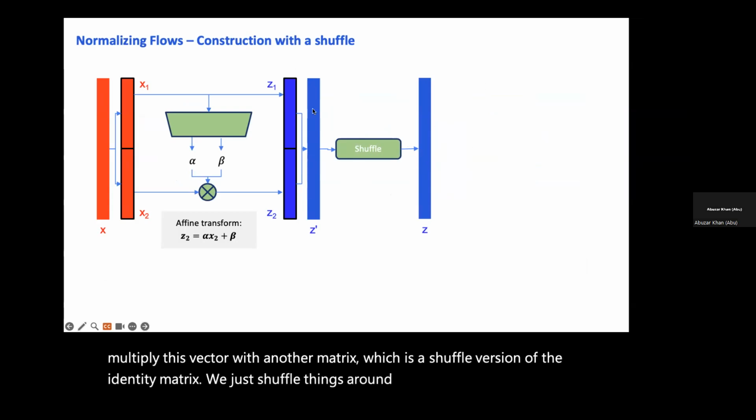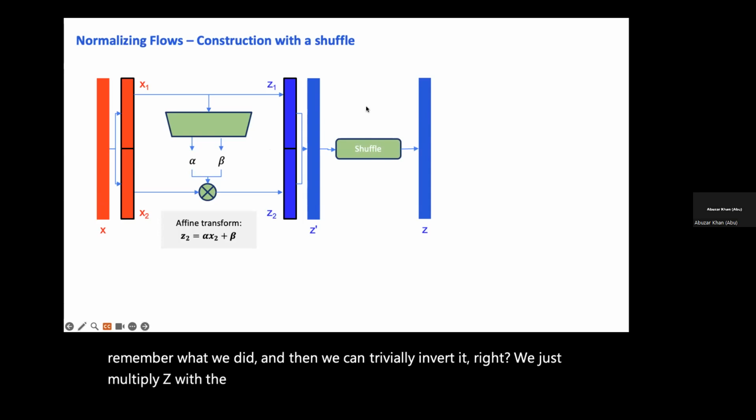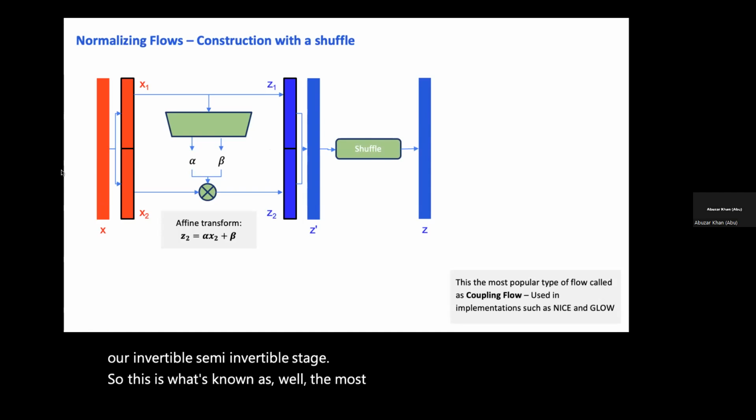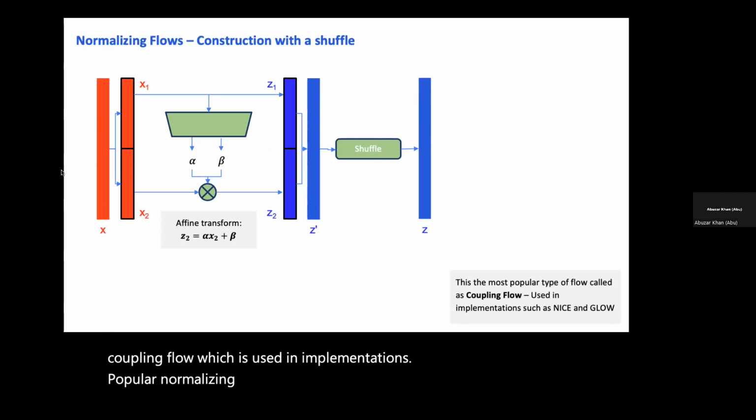All we need to do is remember what we did, and then we can trivially invert it, right? We just multiply Z with the inverse of that matrix, and then we arrive back at our semi-invertible stage, right? So this is what's known as the most popular type of flow, called coupling flow, which is used in popular normalizing flow implementations like NICE and GLOW.